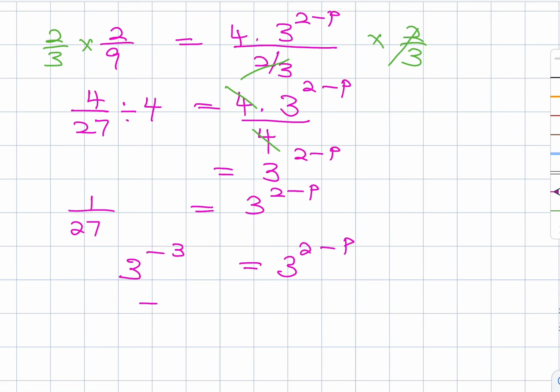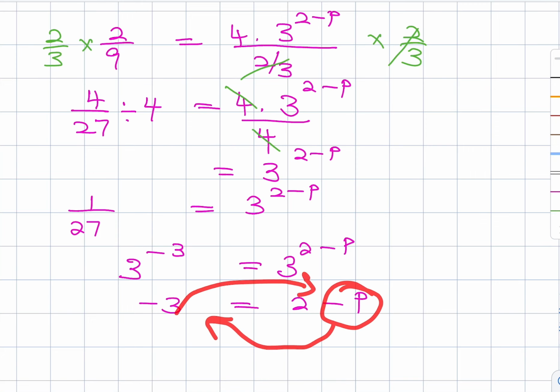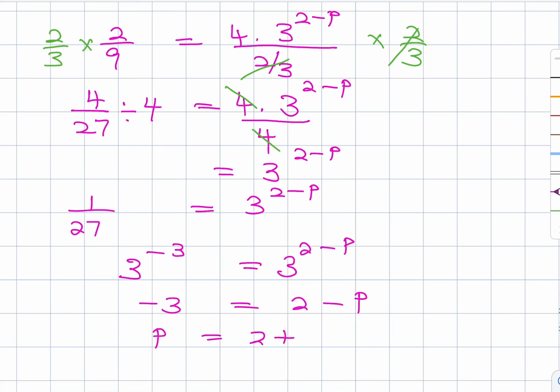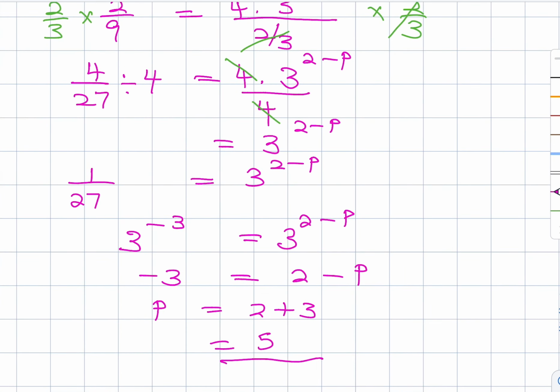So it's minus 3 is equal to 2 minus p. And then you're going to transpose the p to the left-hand side and the negative 3 to the right-hand side. So it should give you p is equal to 2 plus 3, which is equal to 5. That's the end. Thanks for watching.